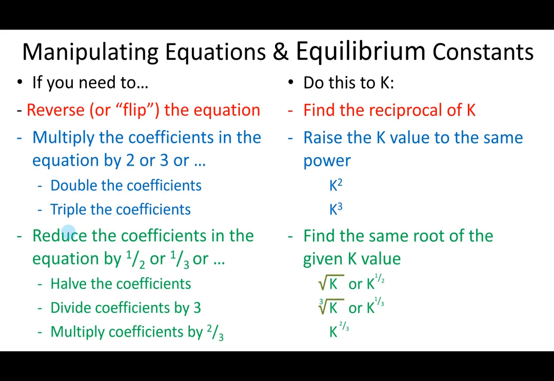And then reducing the coefficients in the equation by some fraction causes us to find the nth root of the original K value. So here, dividing the coefficients by 3 gives us a cube root, or as I mentioned in the last one, a weird one, multiplying the coefficients by 2/3, which sounds really unusual but happens occasionally, would cause us to take K and raise it to the 2/3 power.